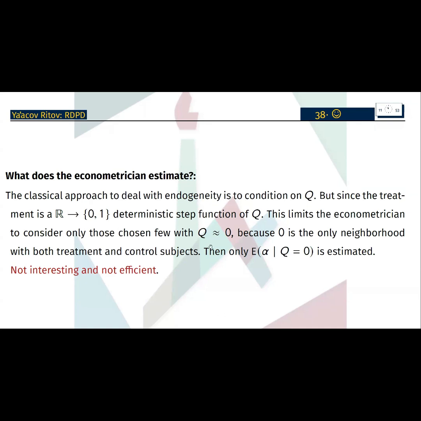So the only thing that the standard approach can measure is the effect of the program, which is alpha, near q equals 0, which in most of the discussion I will consider fixed, but it's not really fixed, it's approximately fixed.